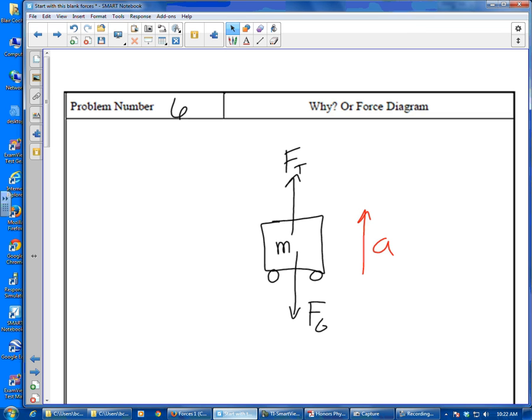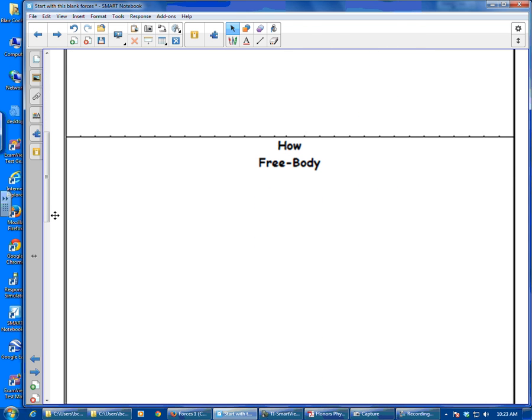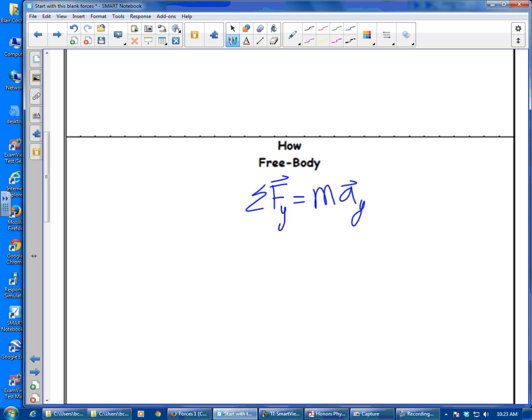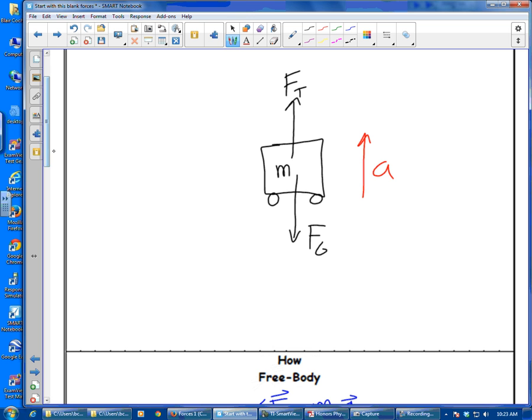Okay? So there's my force diagram, which is my Y. And I'm going to go down here and, hopefully not a surprise at this point, start with my only equation, which is this one. And it's in the Y direction, so it's just Y. Looking at my diagram, I have two forces and one acceleration.